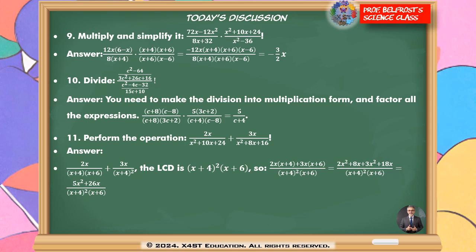So we need to make both expressions have this denominator by, for the first expression, multiplying the numerator by x plus 4, and for the second expression multiplying the numerator by x plus 6, then join them as shown, and then simplify, and you'll get the result 5x squared plus 26x over the product of x plus 4 squared, x plus 6.